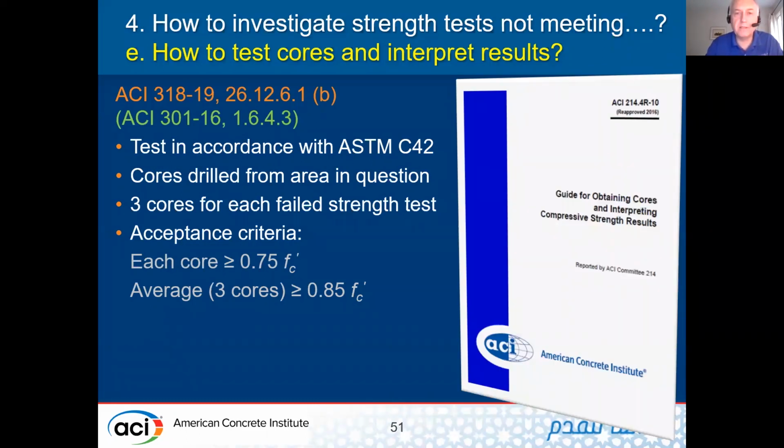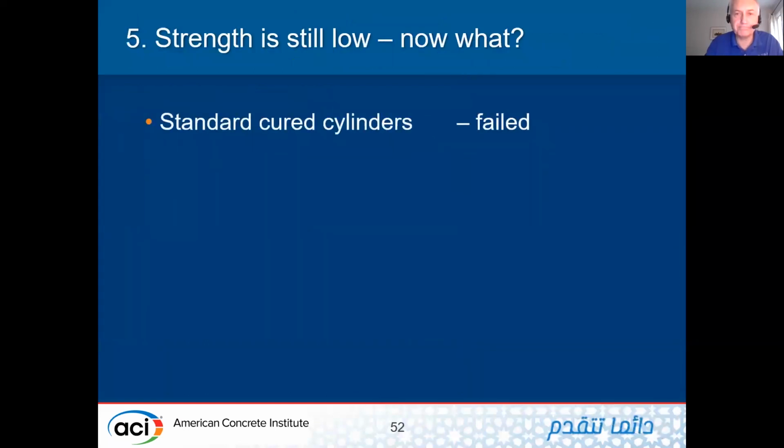How does it affect? ASTM C42 is very specific. If you want to deviate from the ASTM C42 requirements, please go to ACI 214.4R, Guide for Obtaining Cores and Interpreting Compressive Strength Results. You will have a lot of good information in that document.